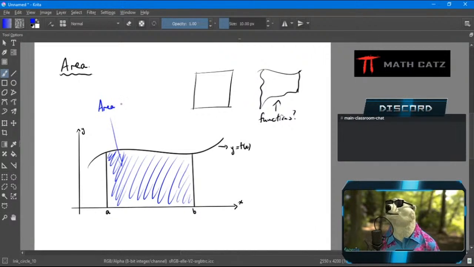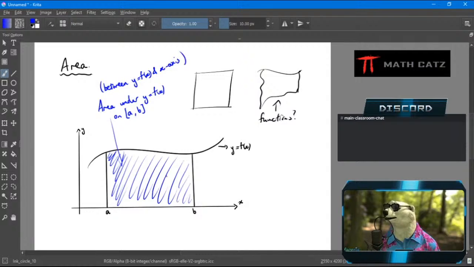We casually say the area under the graph y equals f of x from a to b, but really it is, to be more precise, between the graph of the function and the x-axis.